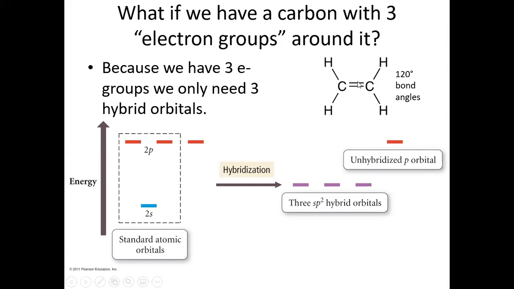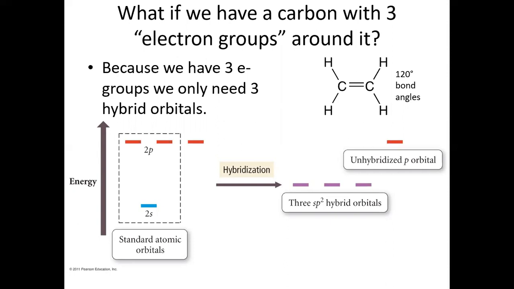That 2p orbital is what makes up the pi bond. Does that make sense? Yeah, that makes sense a little bit more. So there's an unhybridized p orbital that forms the pi bond from the double bond.